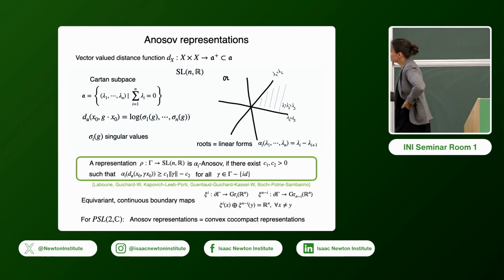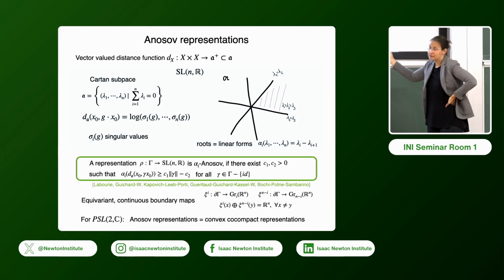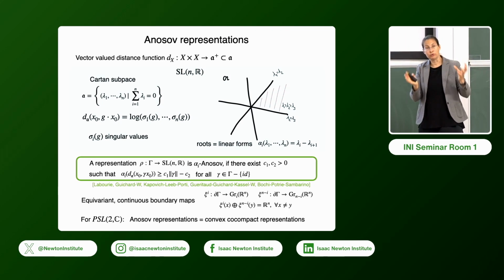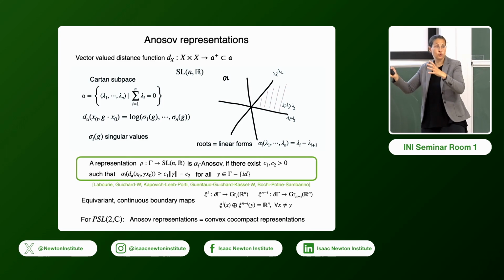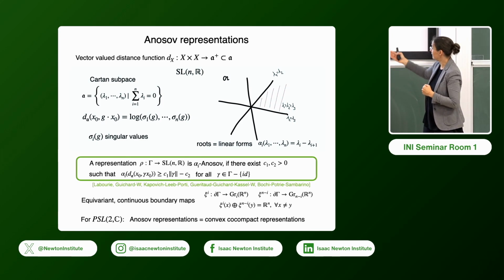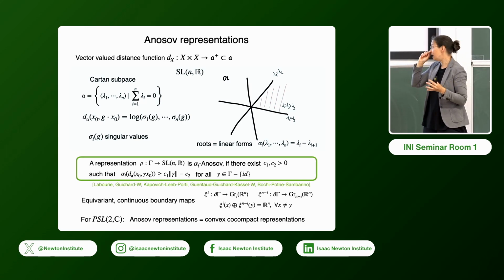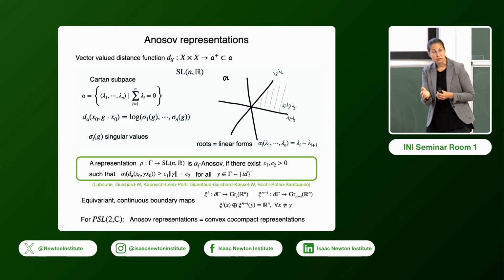And what this does give you, for example, is that if you have an Anosov representation, you get maps from the boundary of your group into some flag varieties for SL_N. So if it's alpha_i Anosov, you get the map into the Grassmannian of i-planes in R^n, and into n minus i planes in R^n. And these are equivariant continuous maps, which have a very strong form of injectivity.